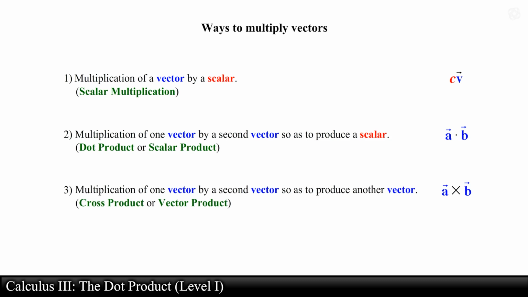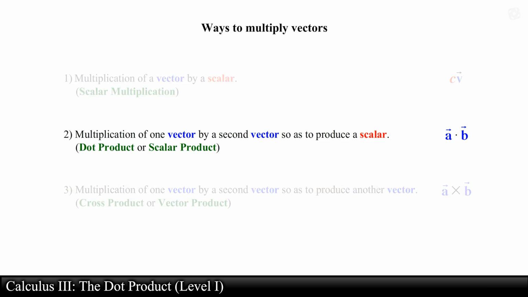In the following series of videos, we will focus on the second type, known as the dot product, because a dot is used to indicate multiplication. In these videos, I will be using the dot product and scalar product interchangeably.